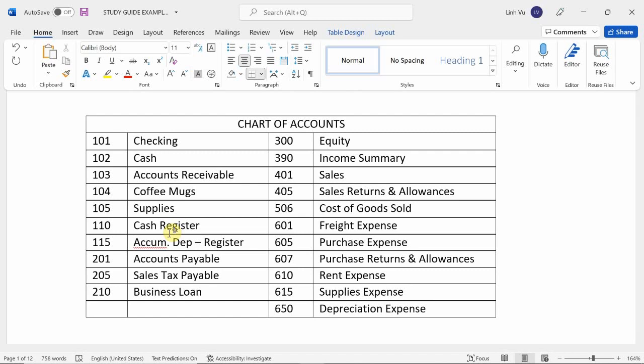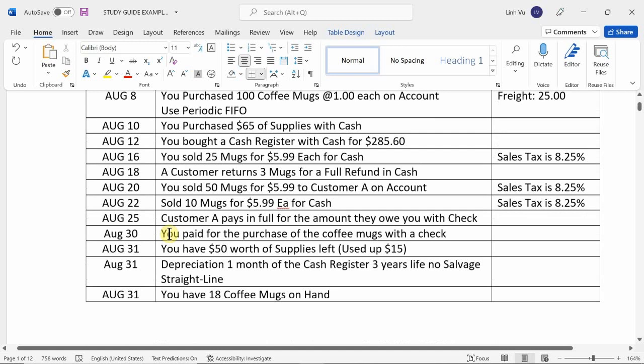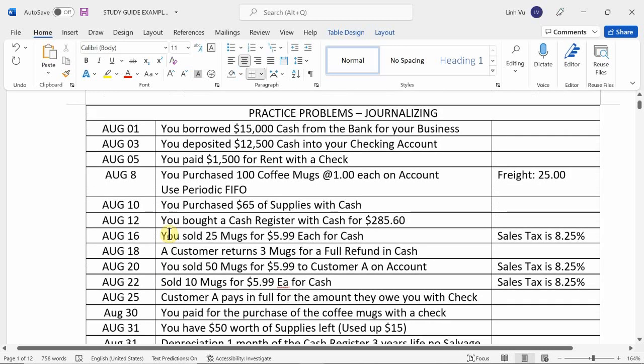Periodic, so in this case, every time we use periodic inventory, what are we referring to? Well, periodic, we usually refer our inventory as a purchase expense and a freight expense, right? For August 8th, okay, periodic mugs, 100 of them at $1 each on an account, okay? And freight was $25.